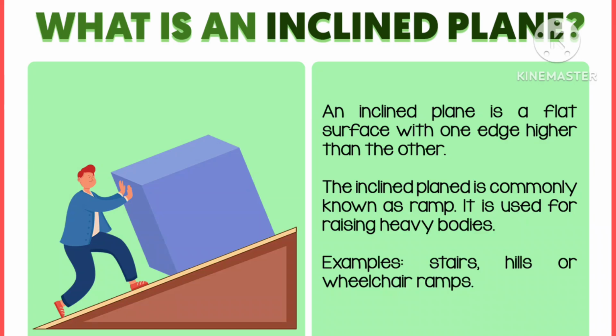Moving on to the next category of simple machine, that is the inclined plane. An inclined plane is a slope which helps to push up or push down a heavy load easily. That means it requires less effort to move objects using an inclined plane. Mostly it is used to load and unload heavy barrels onto a truck.